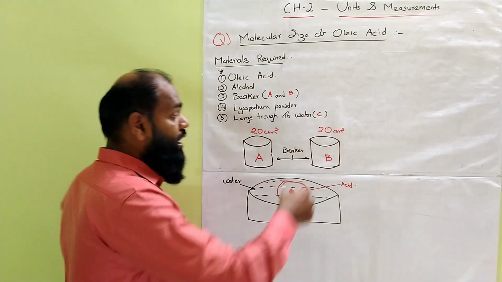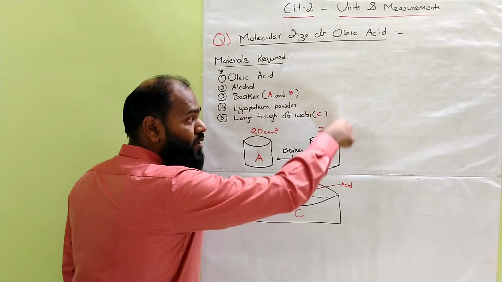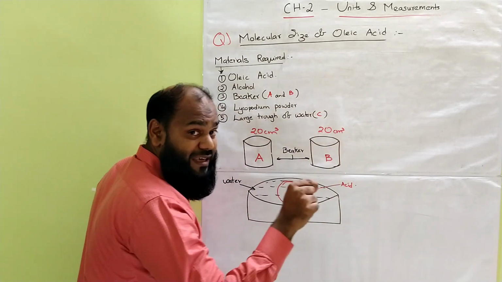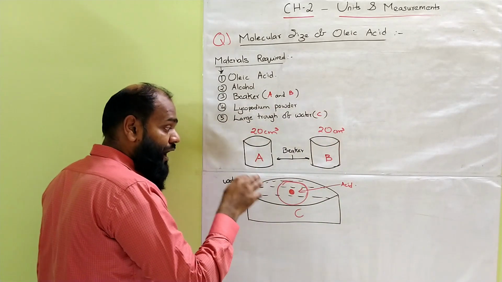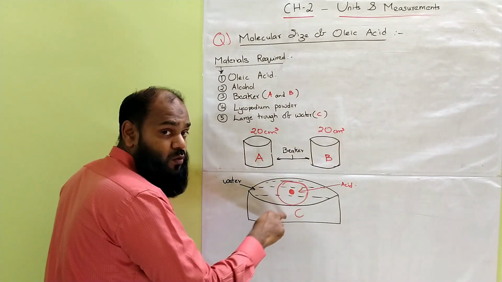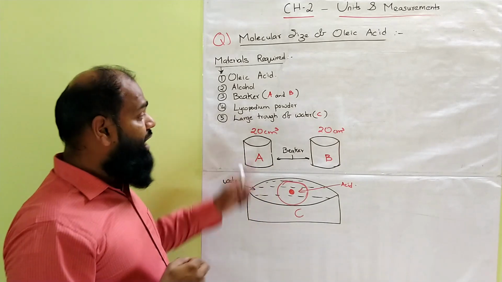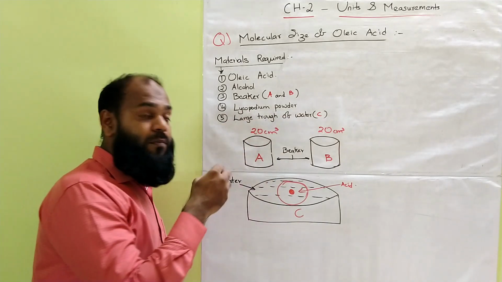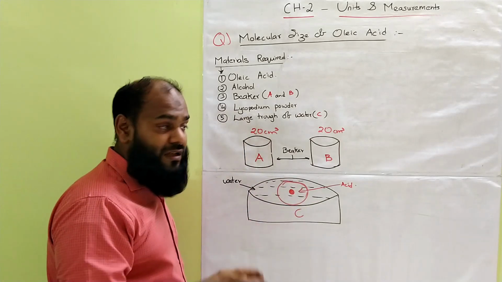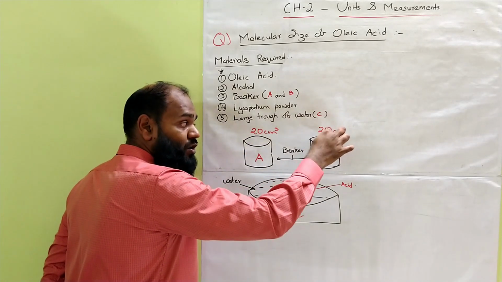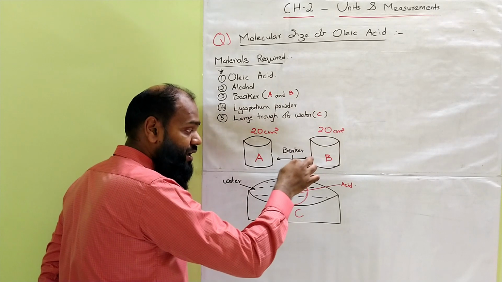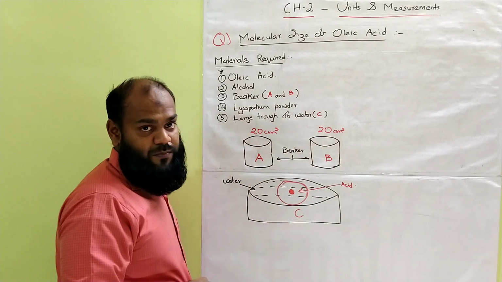Step 3. I take one drop from beaker B, and before dropping it on the water, firstly I sprinkle lycopodium powder on the surface of water. Then I drop the drop which I have taken from beaker B on the surface of the water.